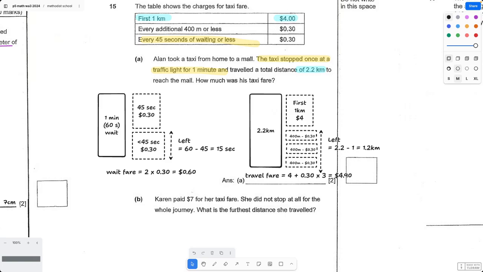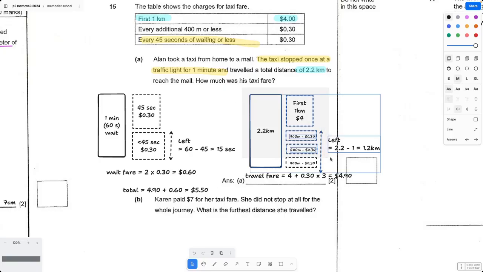If we combine all together, 4.90 plus 0.60, the total is equal to dollars 5.50. So that's the answer.